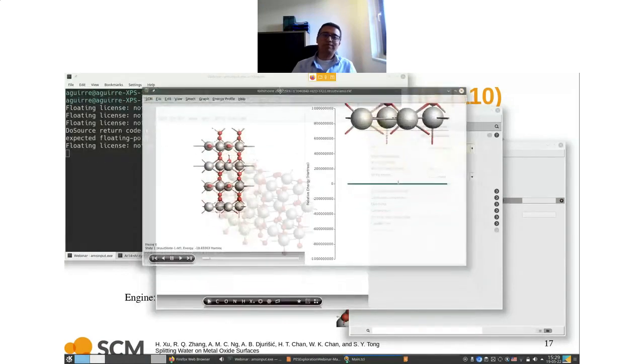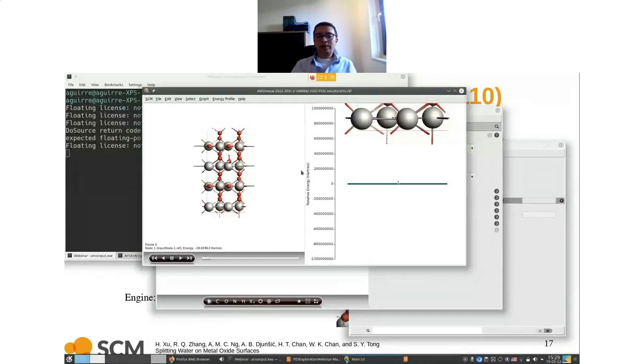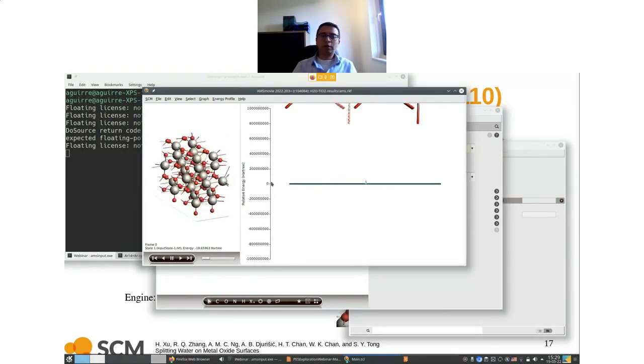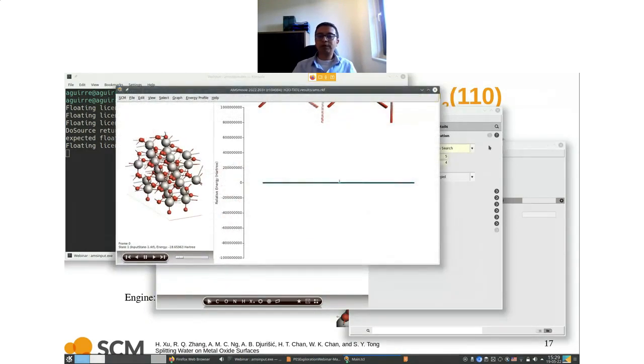Oh no, it is here. So here, the energy landscape is going to be shown as it is created during the simulation. On the left side, you have the molecule that you have highlighted here in the energy landscape.